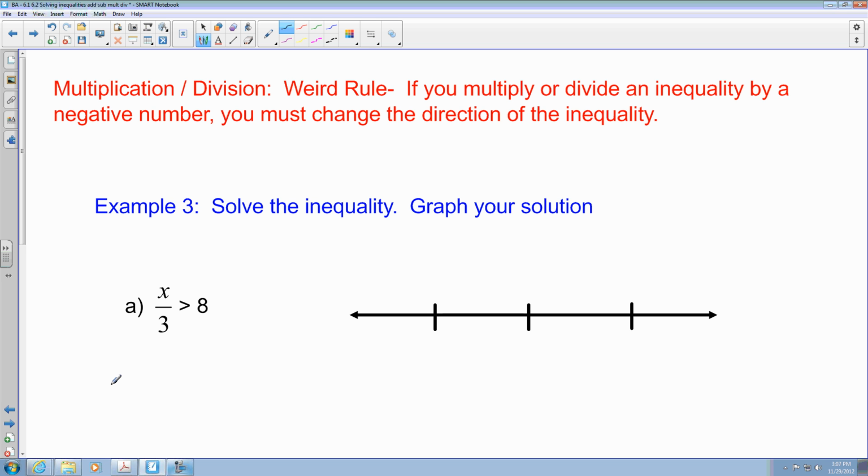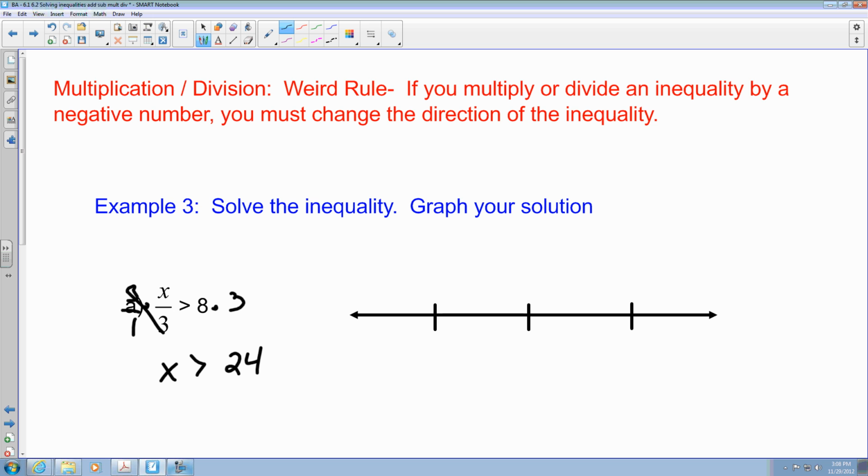So we're doing the exact same things as we were doing for addition and subtraction. We're solving the inequality and then graphing the solution, but now we're solving it by using multiplication or division. So here we have a: x over 3 is greater than 8. So we're going to multiply both sides by 3. This cancels, which gives me x is greater than 24.